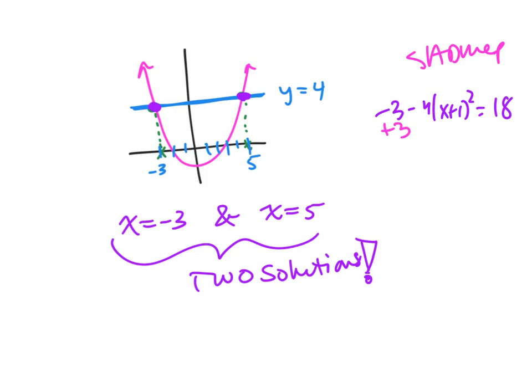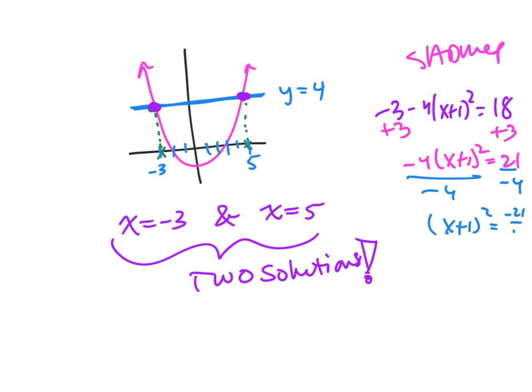I would add the 3 first, and then I would deal with whatever else was there. Then I would divide by 4 or negative 4, right? So whatever that is, it's going to be some type of fraction. I don't know what it is, but it'll be a nice number for you. So this is a term, this is a term, and this is a third term. So this is 3 terms.